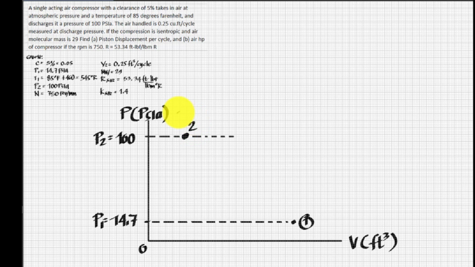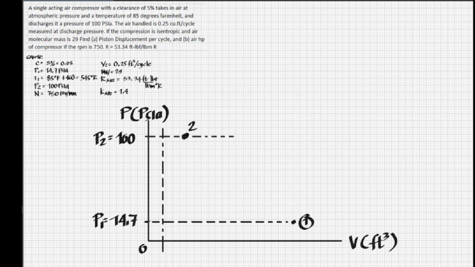Okay, then for the clearance, since we have here a 5% clearance, which is given in the problem, I have drawn here the clearance. Now for the clearance we have that one.